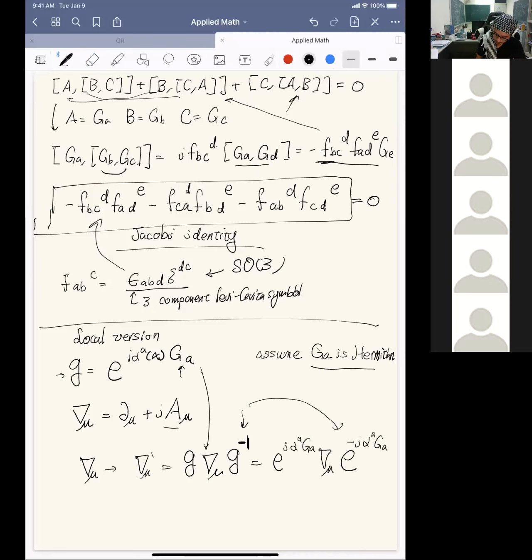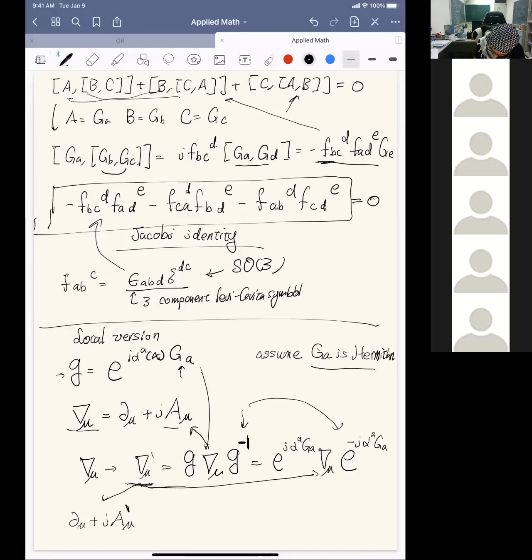Great. So the standard procedure is to define a covariant derivative that transforms in this way. Once we know this, it tells us what the correction term inside the covariant derivative is. Because as we mentioned, we can expand this into partial mu plus i A_mu prime. So this is telling you how A transforms into A prime.